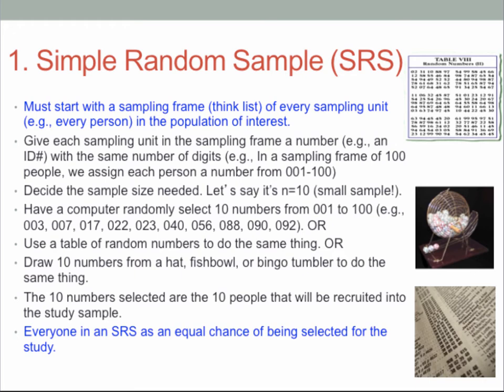And because we knew that there were 100 people, and we knew we wanted 10 people from those 100, we knew the known probability, and we knew that every single person had an equal chance of being selected to be part of that study. Hence, a simple random sample. And hence, an example of a probability sampling technique.